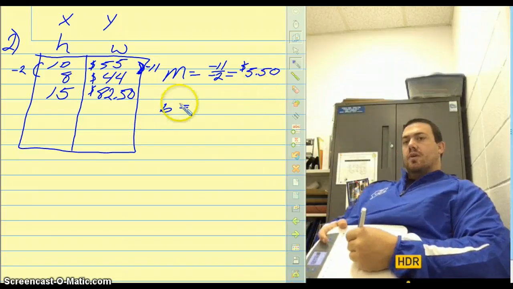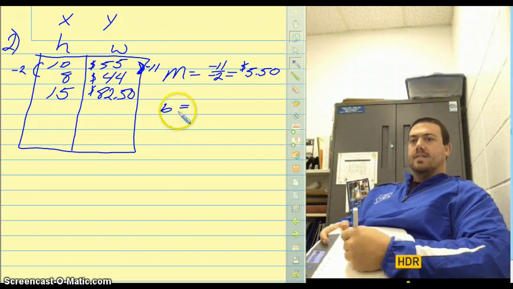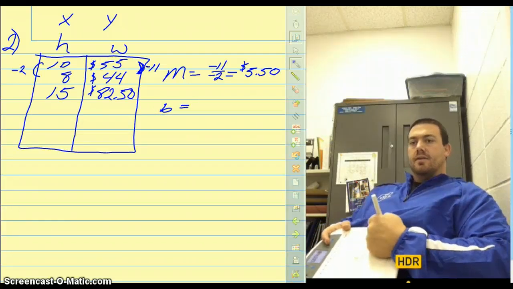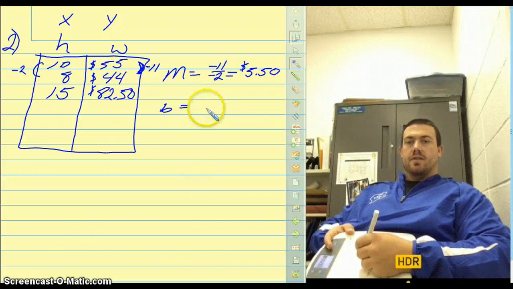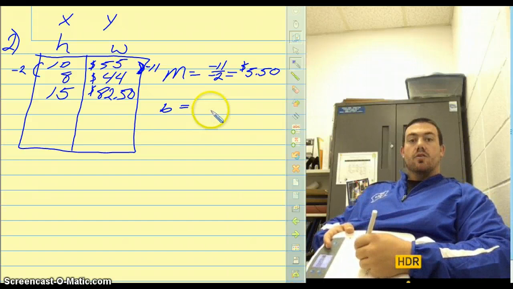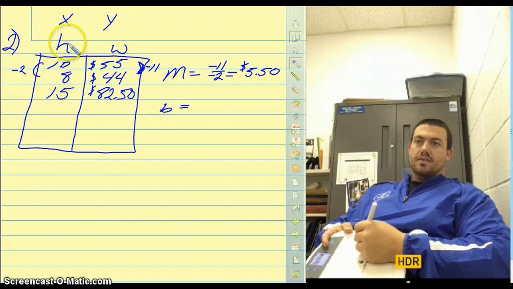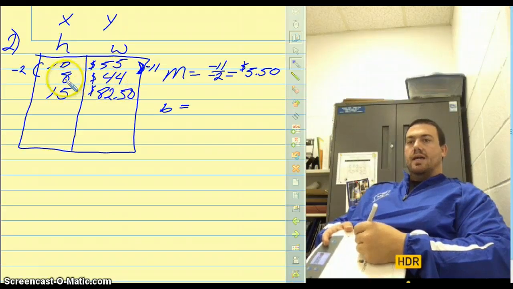And that's going to need to go into my equation. The next thing I need is what happens after, like for the y-intercept. How am I going to calculate the y-intercept? Well, remember the y-intercept is where the line crosses the y-axis. It's also where x is 0. Or if you think about it in this frame of mind, like in a table, how much am I going to make if I work 0 hours? Well, if you think about it, I worked 8 hours and I earned $44.